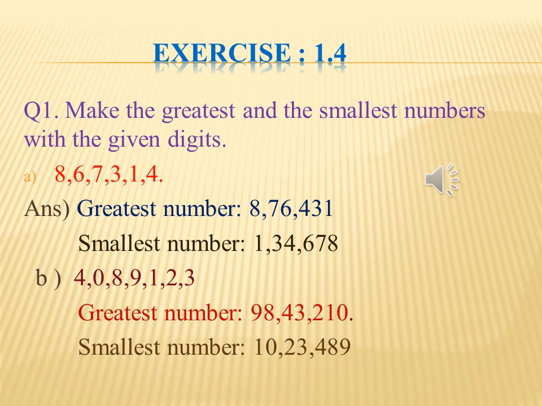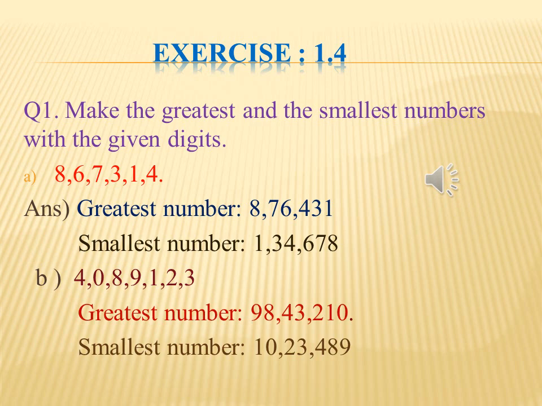Now let us see how to write the smallest number. We have already discussed that if there is 0 in the given digits, we write the 0 in the second place after the smallest number. Here after 0, the smallest number is 1. So we write 0 after 1. So 1, 0. After 1, what is the smallest greater than 1? It is 2.